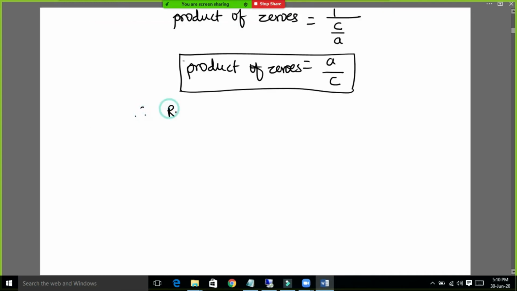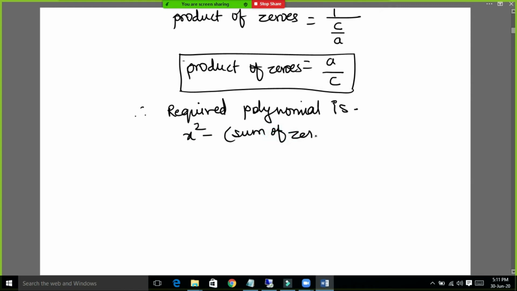Therefore the required polynomial is x square minus sum of zeros into x plus product of zeros. Now we substitute the values that we have already calculated.